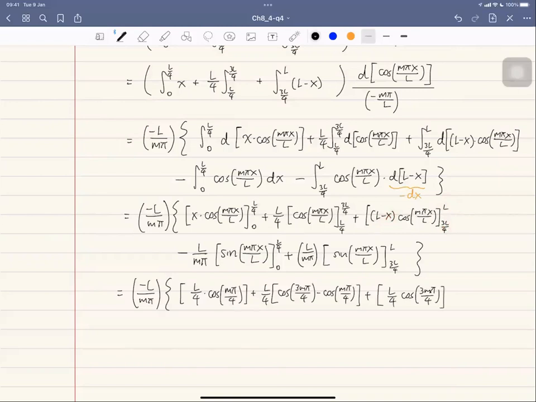Okay, and subtract L over m pi. Again, even though I have two limits, only one will survive, the other one is 0.